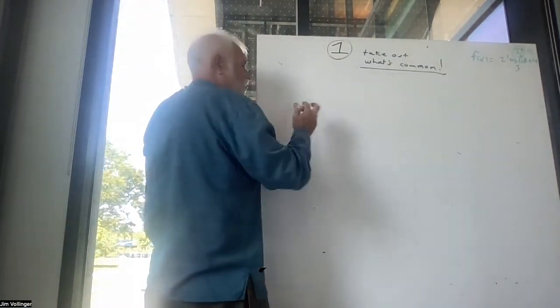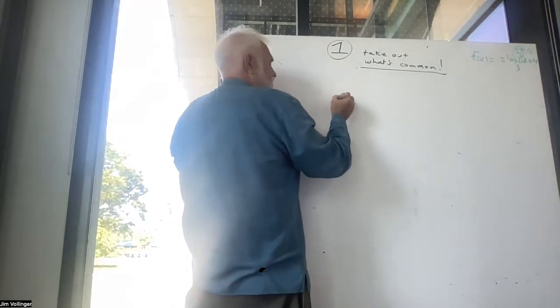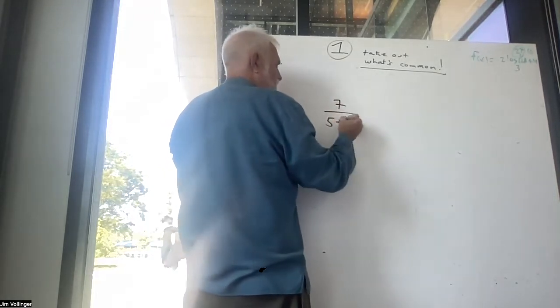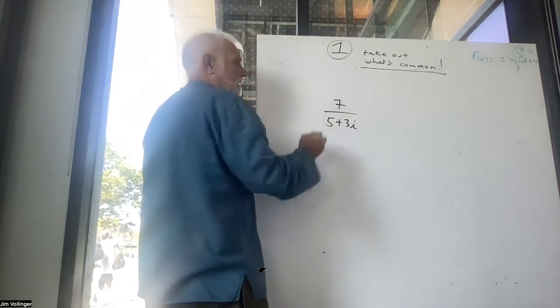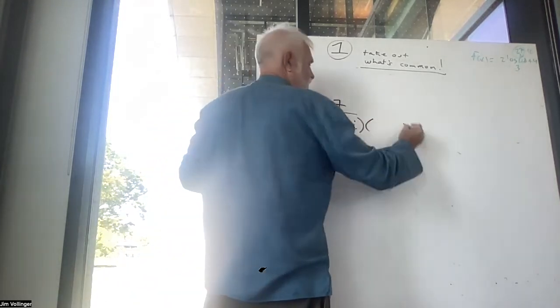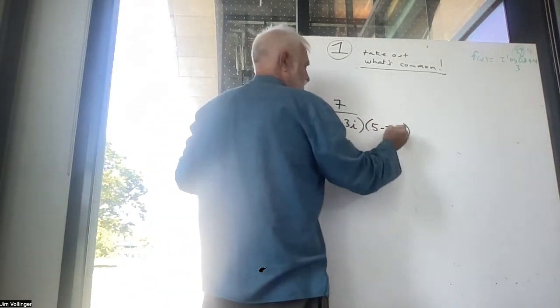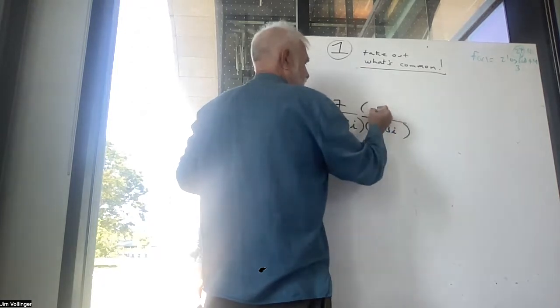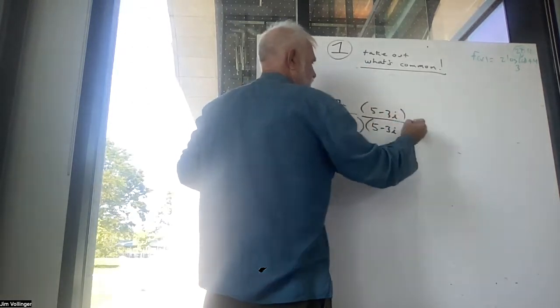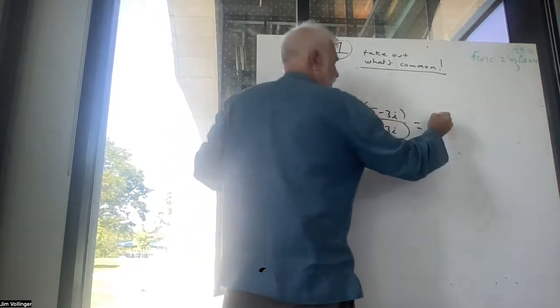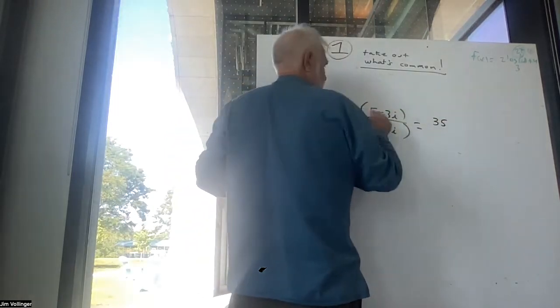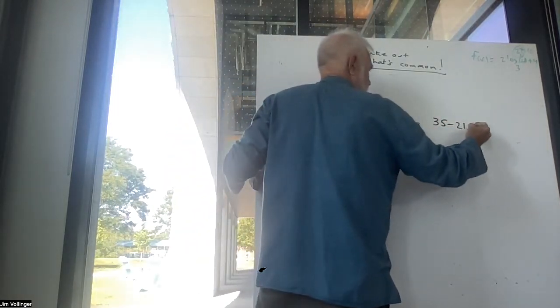All right, let's try another one. Let's do 7 over 5 plus 3i. And so in parentheses, what do you multiply by? 5 minus 3i. What's that equal? 35 minus 21i.